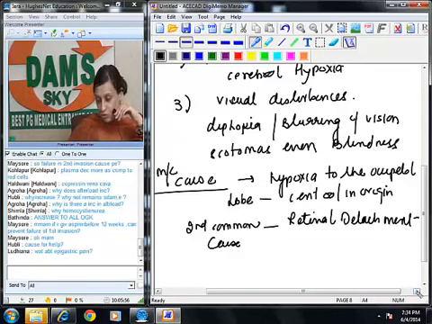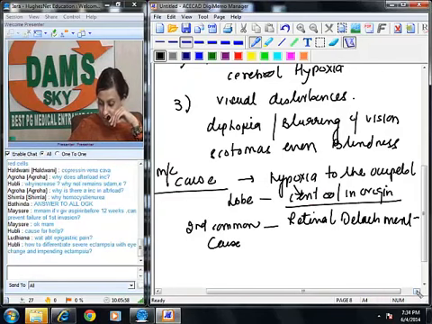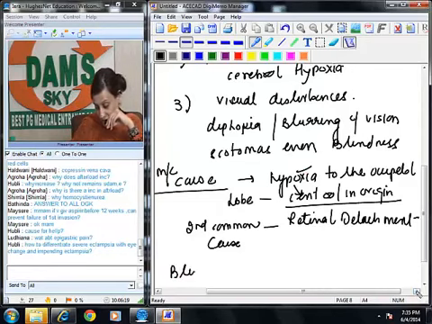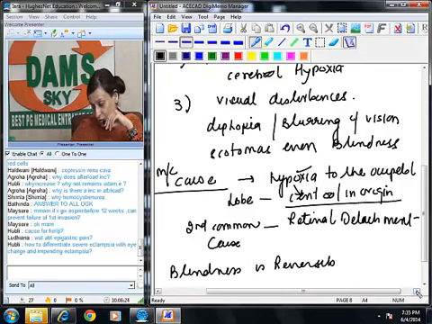In fact, because the most common cause is central, occurring because of hypoxia, we say, alright, hold on. Since this change is because of hypoxia to the occipital lobe, central in origin, and since the cause is hypoxia, that is why we say this blindness is reversible.